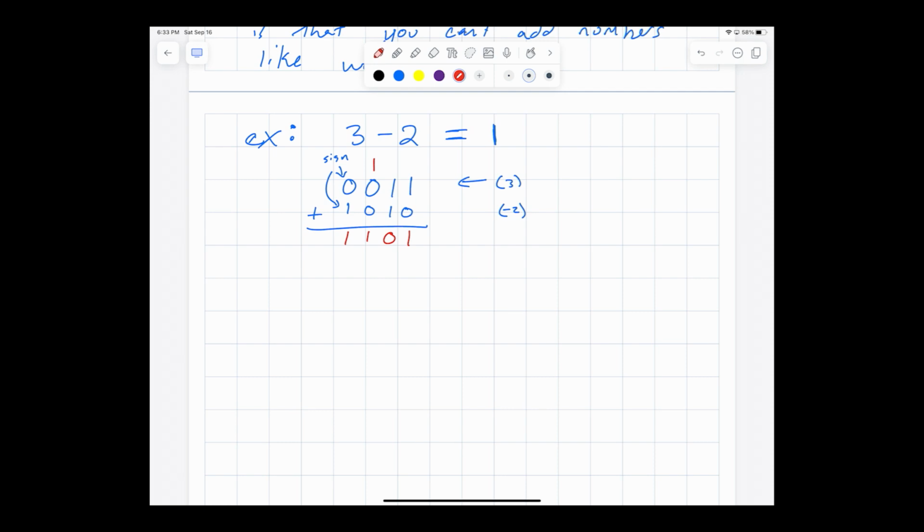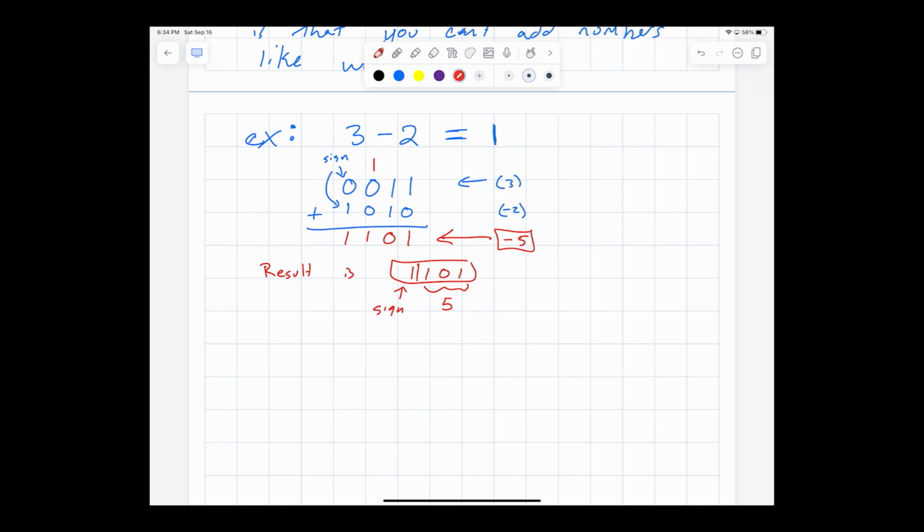And so the result is 1, 1, 0, 1. And if you look at this, the first bit is the sign, and then the rest, 1, 0, 1, is a 1 in the ones place and the fours place. So this is 5. So the result that we got here was actually -5, right? So it didn't work. That's the point that I'm trying to make.